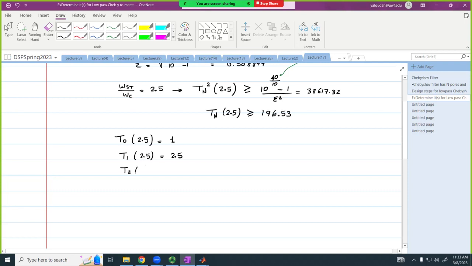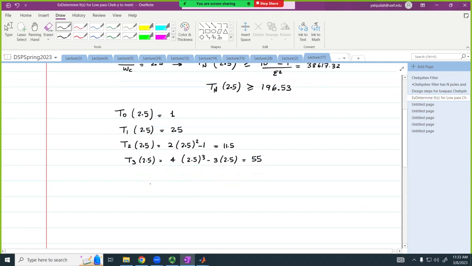I'm going to calculate T2 at 2.5. This is equal to 2x squared minus 1, which is equal to 11.5. So it's not. T3 at 2.5 is equal to 4 multiplied by 2.5 cubed minus 3 times 2.5, which is equal to 55. That is not.